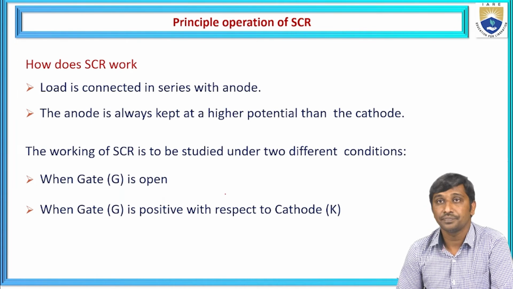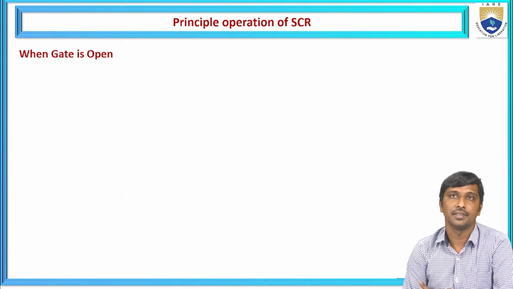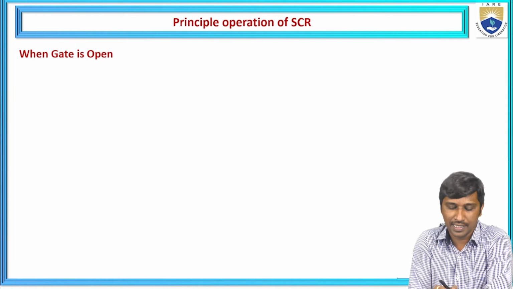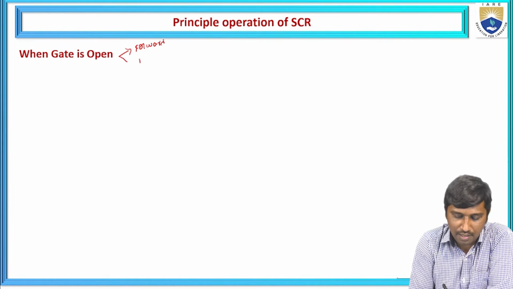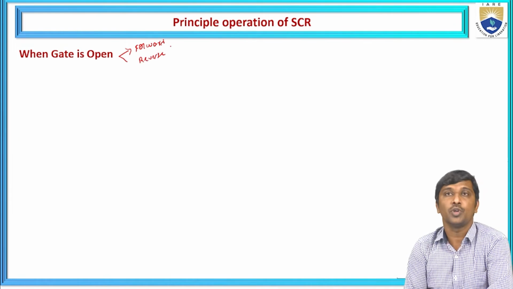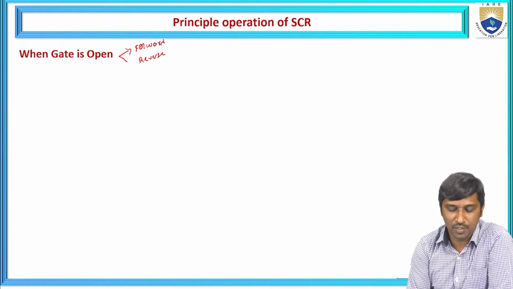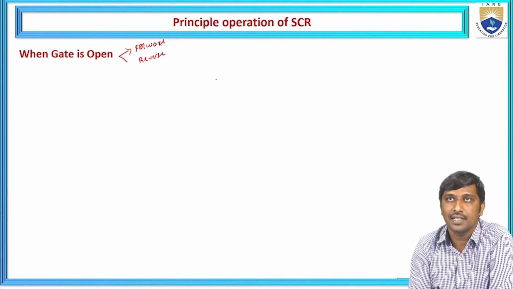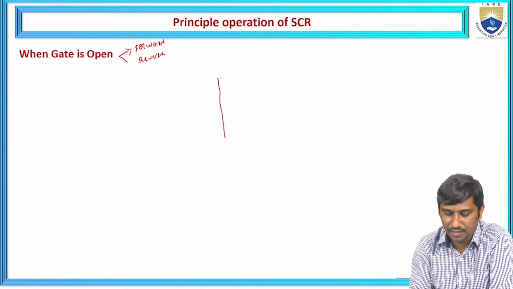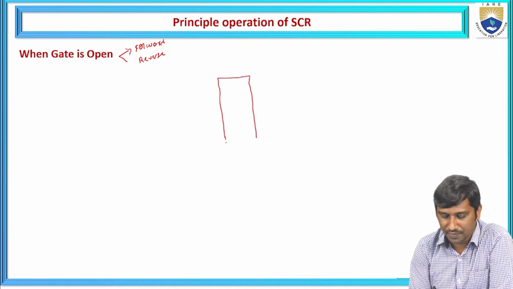First, I consider when the gate is open. In this case we again have two options: forward biasing or reverse biasing. Now, if I consider the PNPN structure, let us take P1 and N1, P2 and N2.